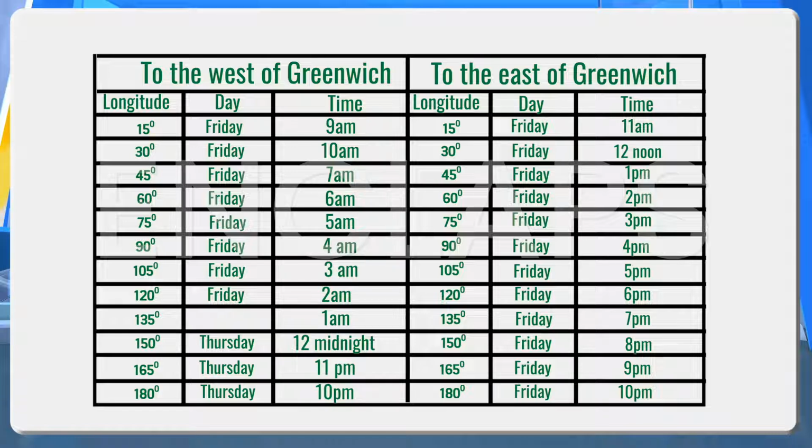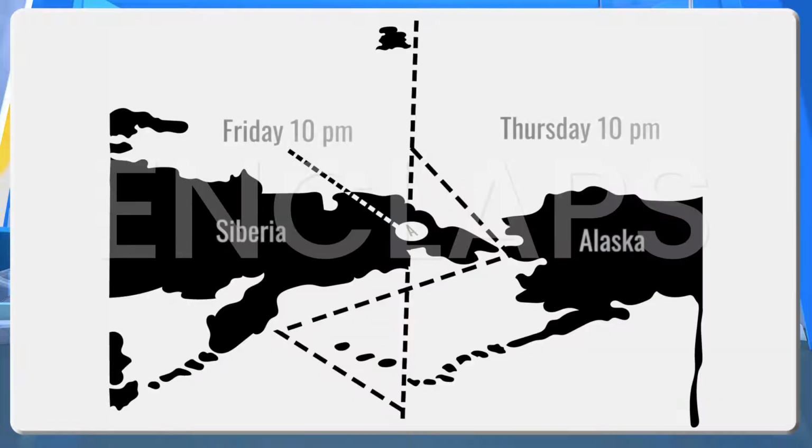You might have noticed that there is a difference of 24 hours at 180 degree longitude to the east and the west of Greenwich. The place A marked in the given figure is located at 180 degree longitude. Which day would it be for those residing at place A?